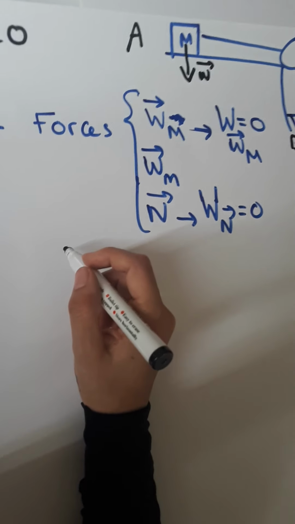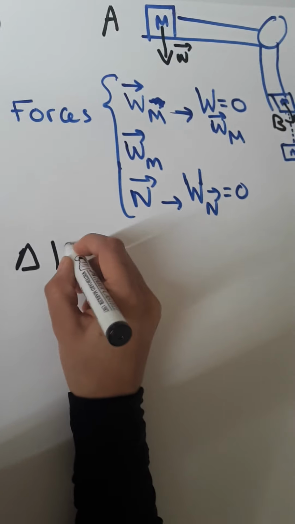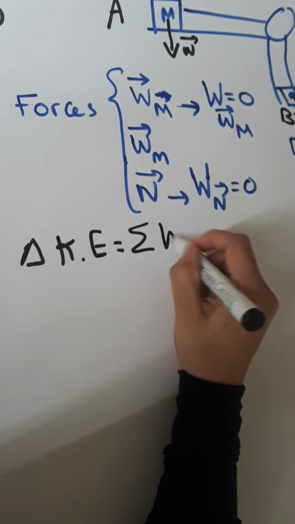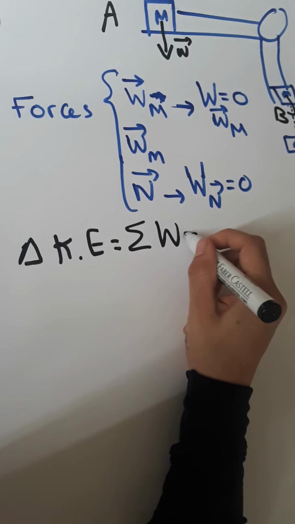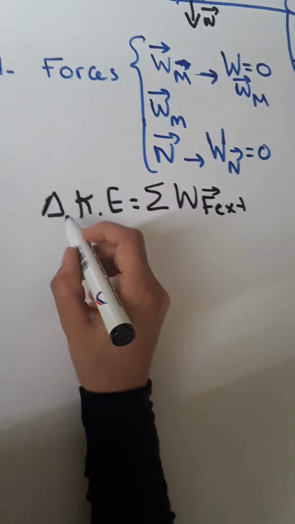Let's apply now KET, the kinetic energy theorem, which says that delta KE is equal to the sigma of the work of the external forces. You see, only the external, not the internal.